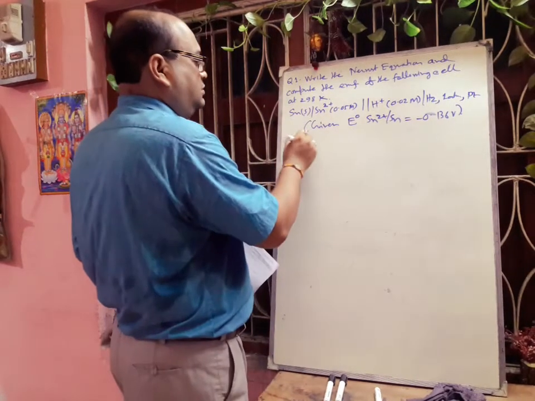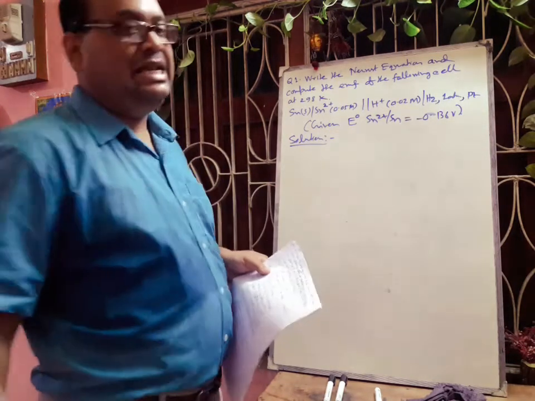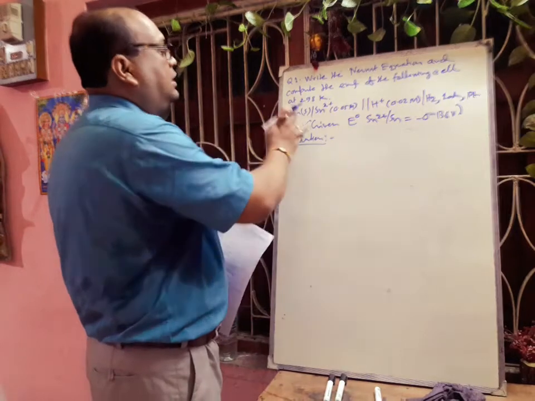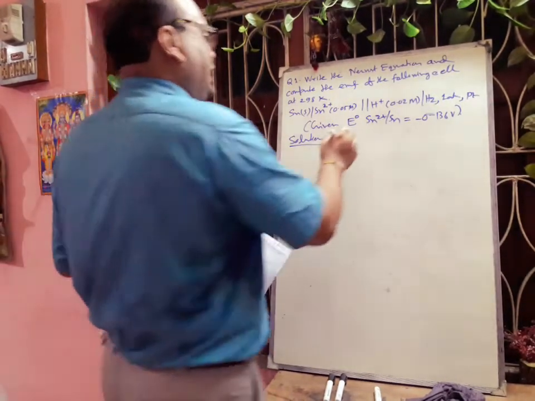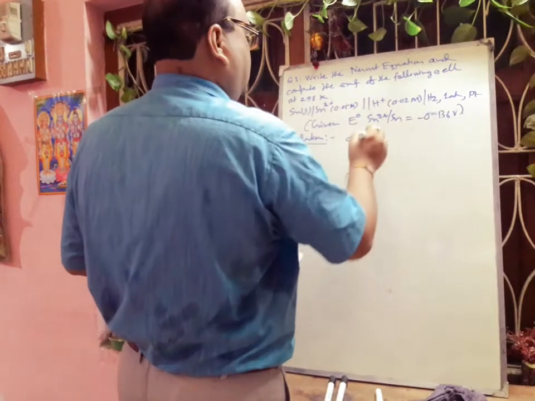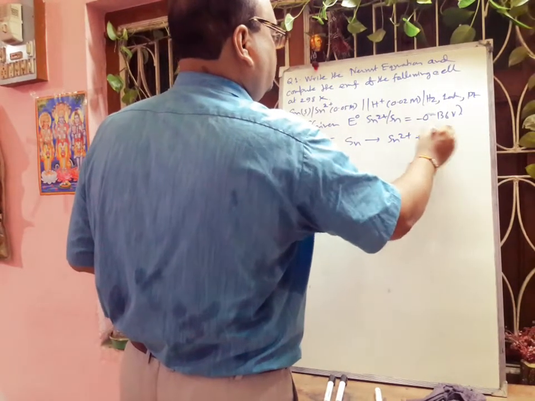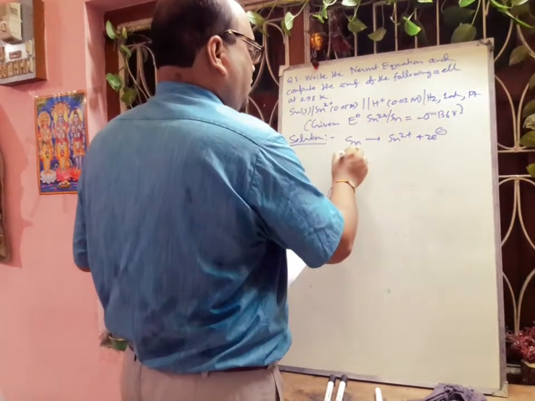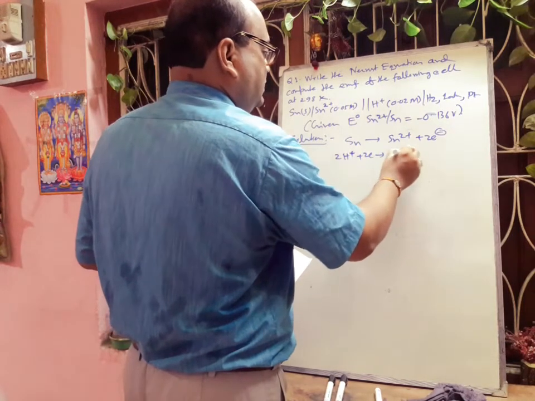So in the solution, first we have to write the cell reaction. On the left hand side tin is there, that means this is oxidation: Sn gives Sn2 plus and 2 electrons, and twice H plus accepting 2 electrons forms hydrogen gas.